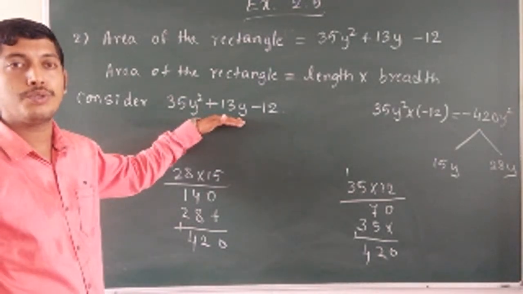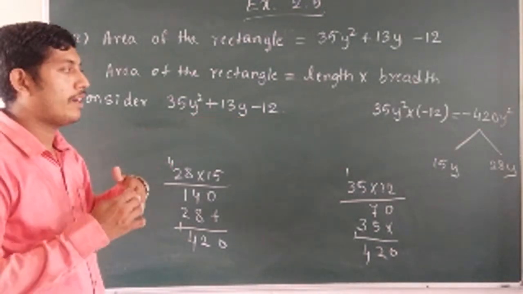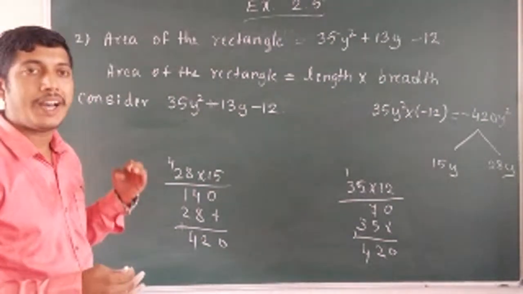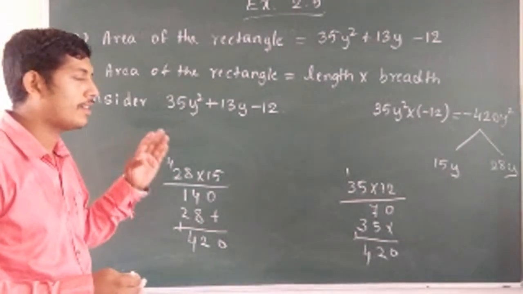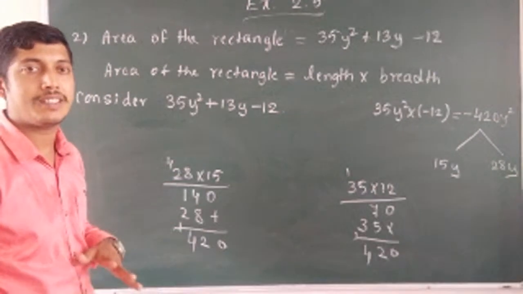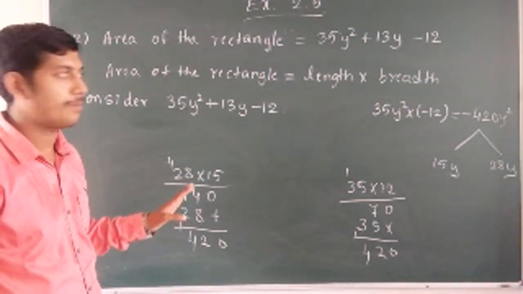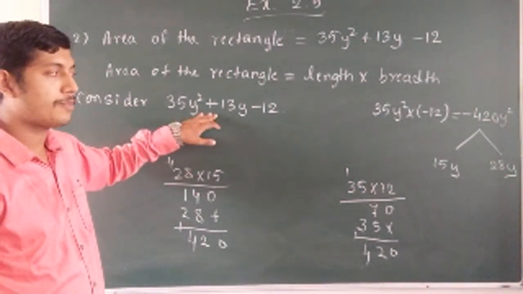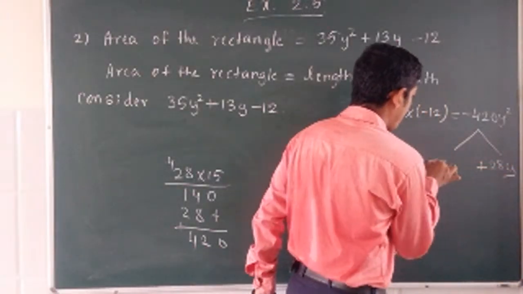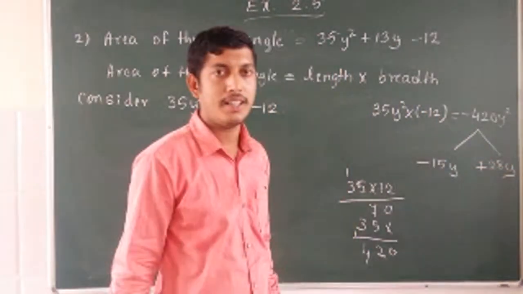When the value is positive, we do the subtraction: if the sign of the highest term is positive, then in the sum we will get the positive answer. If the sign of the highest term is negative, then we will get the negative sign. Here the sign is positive, so I will consider the sign of the highest term as positive, and the sign of the lower term as negative.